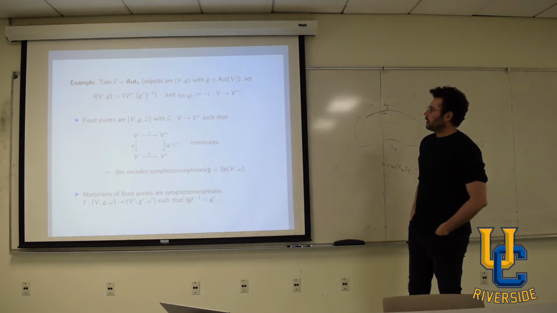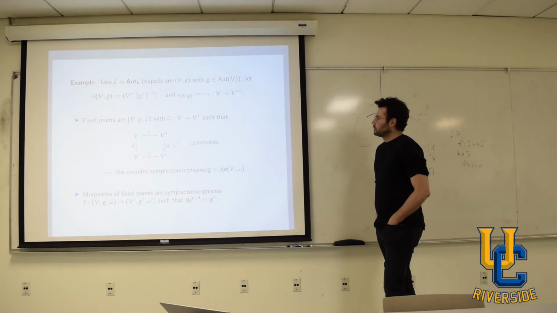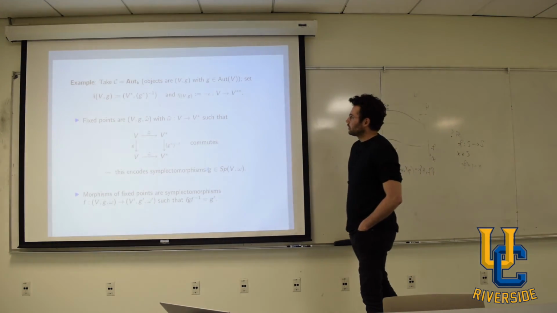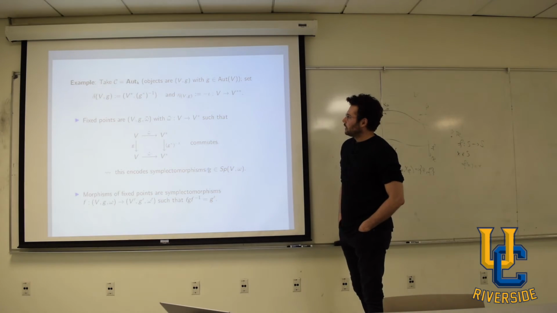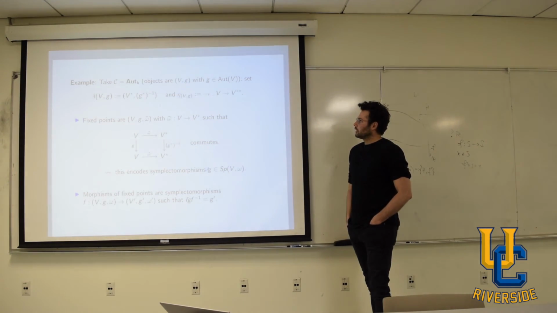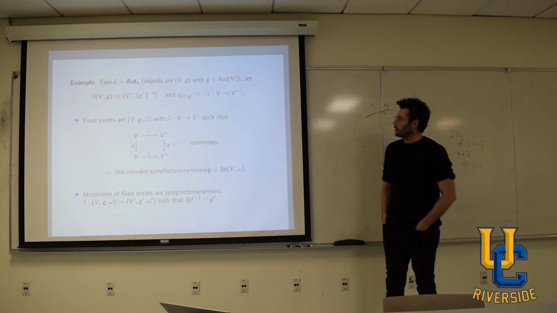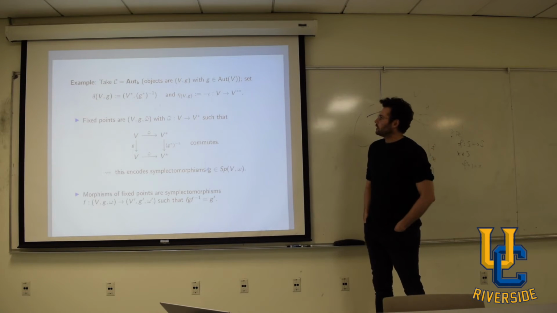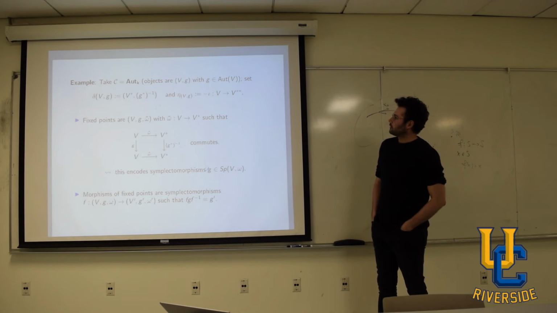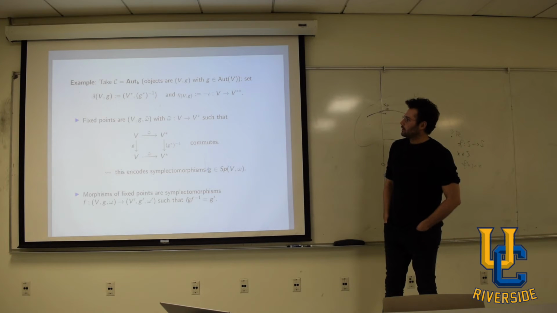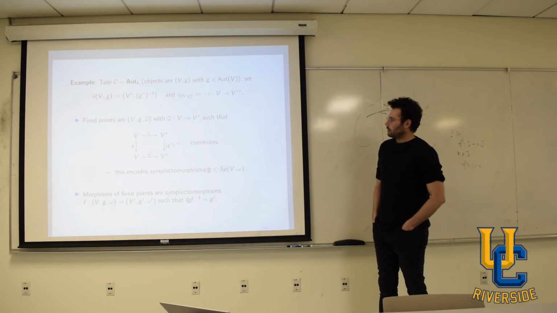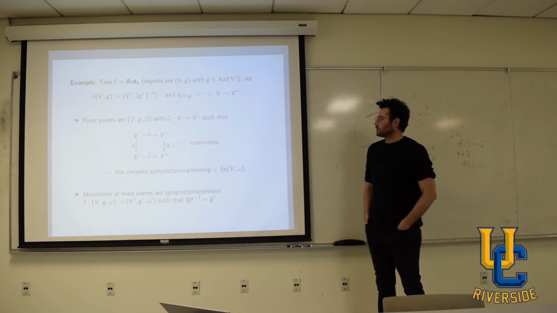We define our involution to take V together with the automorphism G and turn it into V star and G star inverted. And the unit for this adjunction will be the same as we've been using. Then fixed points will encode symplectic morphisms.